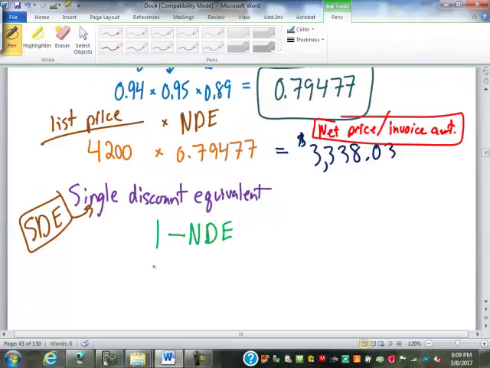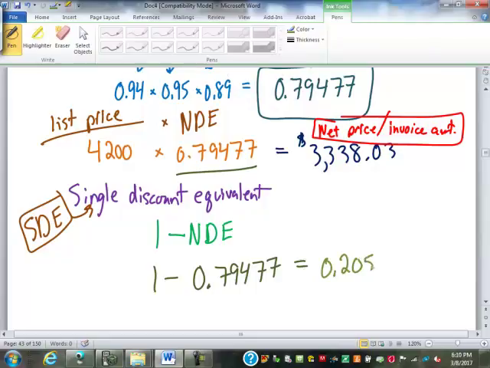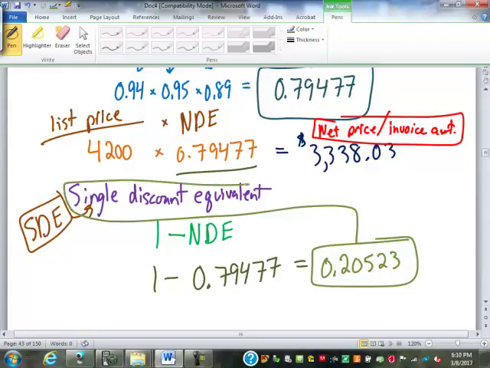So our net decimal equivalent here was the 0.79477. 1 minus 0.79477 is 0.20523. That is that single discount equivalent. Notice, by the way, these two numbers add up to what? 1, which would be 100%, right?